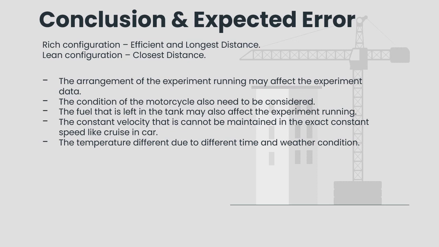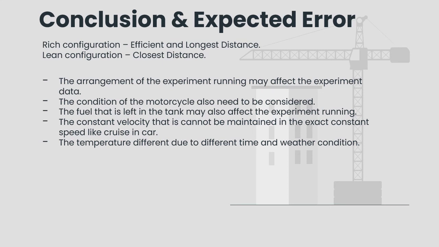Other than that, the expected errors that may also affect the variables in this experiment, found during the analysis, are also listed here. The first is the arrangement of the experiment runs, which may affect the data. The second is the condition of the motorcycle, which also needs to be considered.